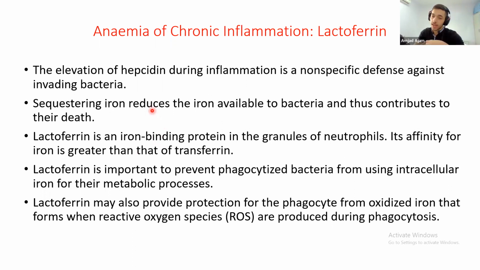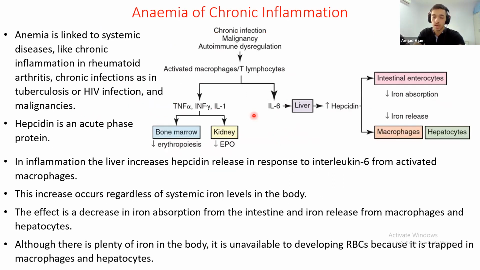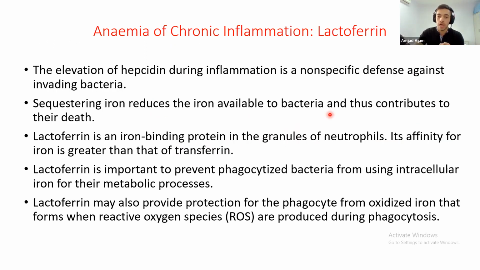So if we deprive them of that iron, the bacteria will die. If you keep this iron inside the cell, it will reduce the iron available to bacteria, and this will contribute to their death. So that's why our body reacts like this. That's why it increases hepcidin, so it can deplete that iron from bacteria. Now this contributes to the death of that pathogen.